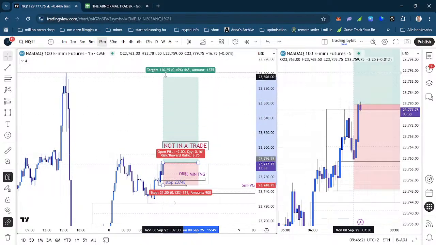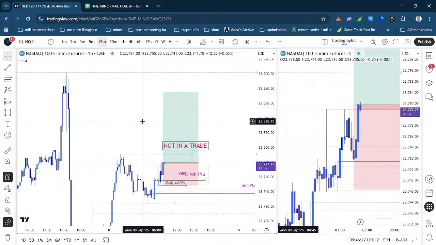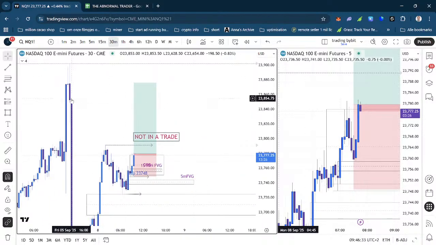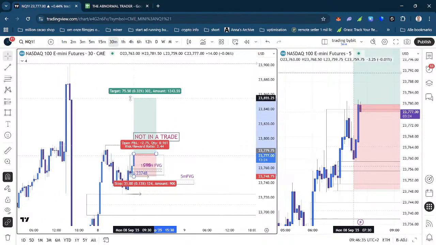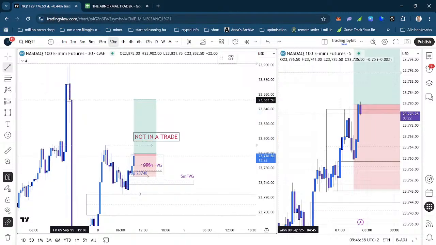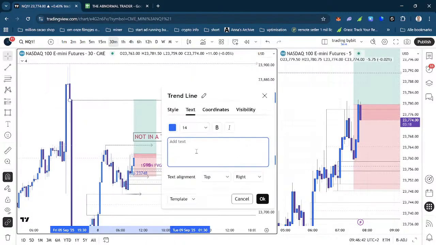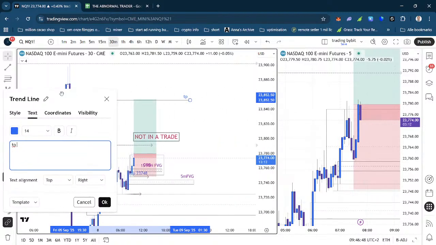If we continue, we can actually take that high out. But let's stop at 23,875. That would be first target, or last target. So that 30 minute fair value gap right here. Oh, that's actually a nice area. So take this as your TP, if we continue, of course.